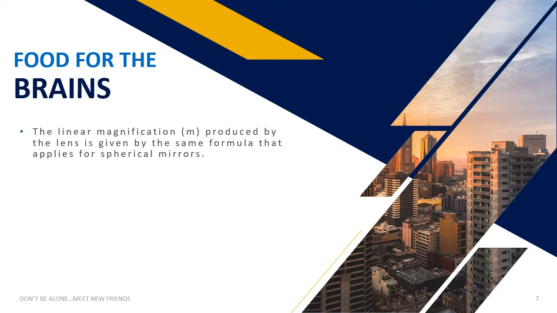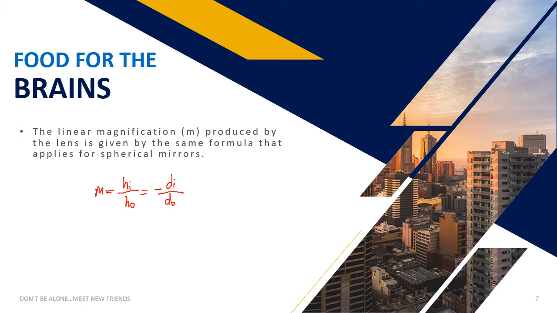So magnification M is equal to hi over ho is equal to negative di over do. So image height all over object height is equal to negative image distance over object distance. So same lang sila sa katong formula para sa object distance o focal length, di ba? Then same lang pod para kang magnification.